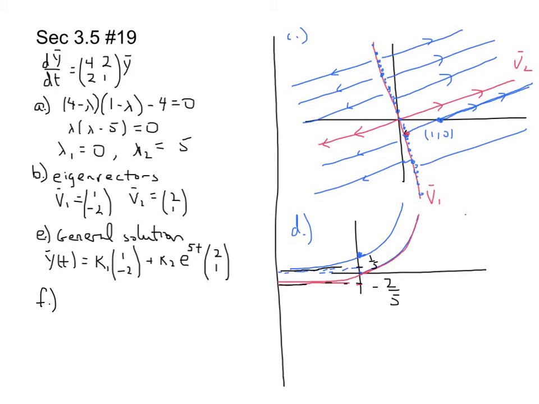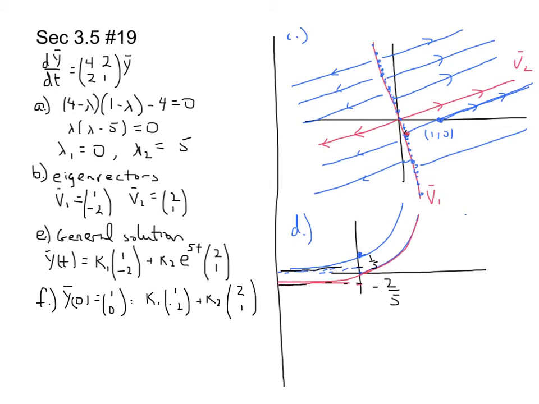I believe in part F, yes, we're asked to find the particular solution. So I say, well, y at 0 has to be (1, 0). That gives me k1 times (1, -2) plus k2 times (2, 1).